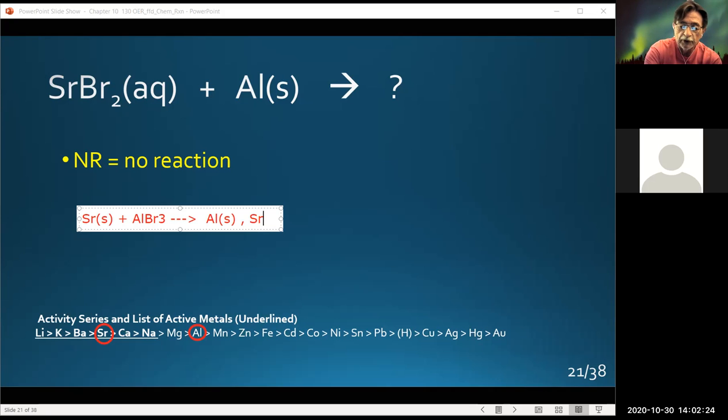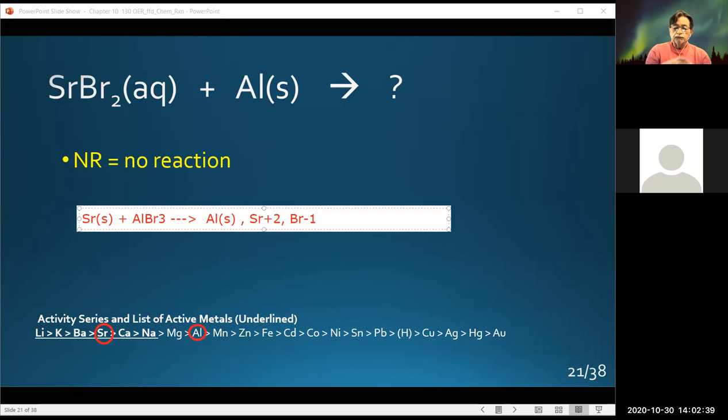How do I know that strontium is a +2? We know that because strontium is a group 2 element. And we know that the chlorides, or in this case, the bromides, are -1. So that means that I'm going to need 2 bromides for every strontium that I put together.